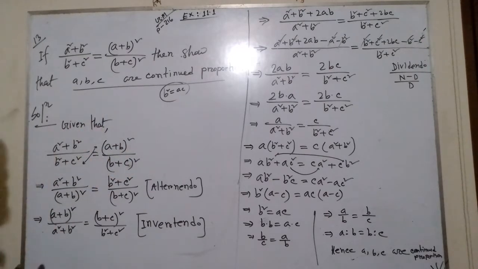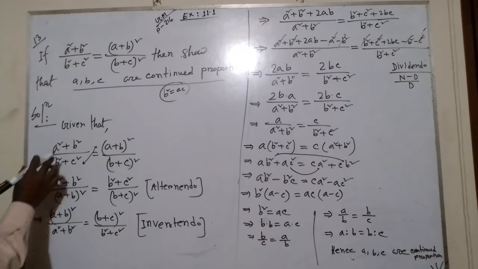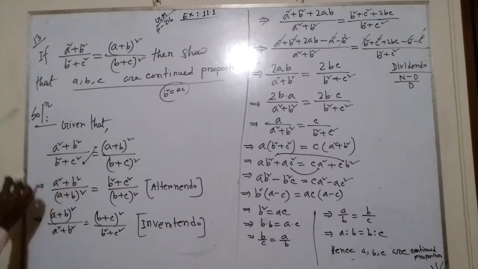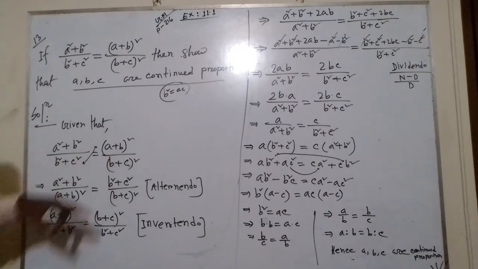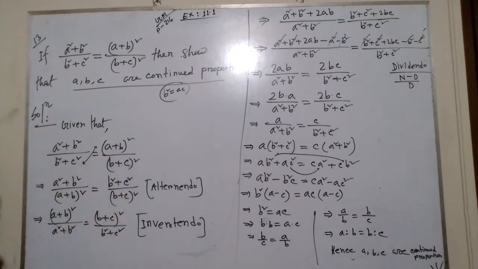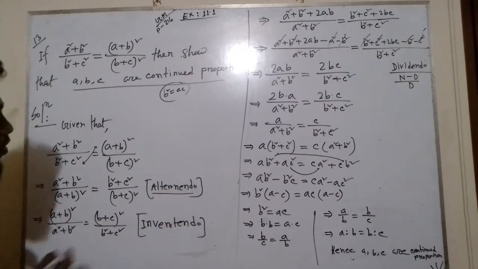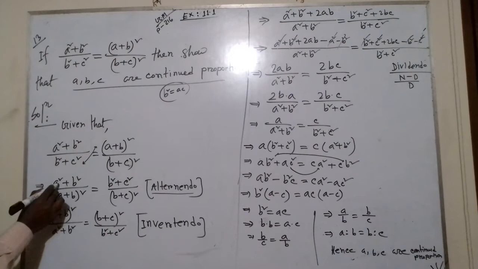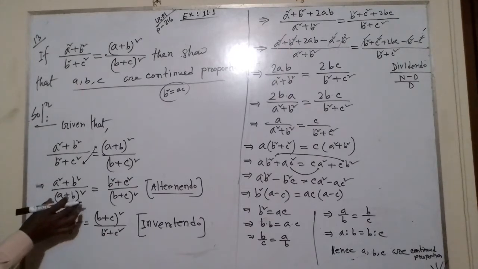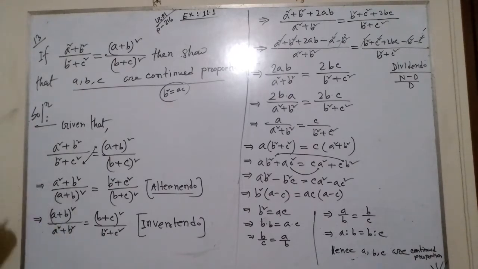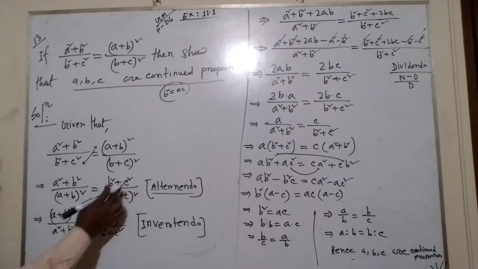So now start our solution. Given that (a square plus b square) divided by (b square plus c square) equal to (a plus b) whole square divided by (b plus c) whole square. Now we can write by using alternando: (a square plus b square) divided by (a plus b) whole square equal to (b square plus c square) divided by (b plus c) whole square.